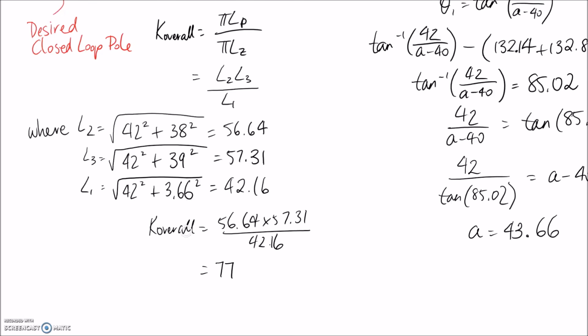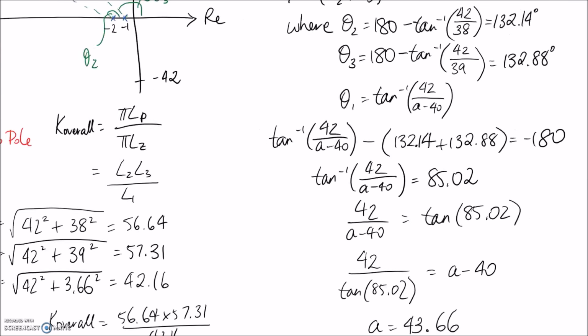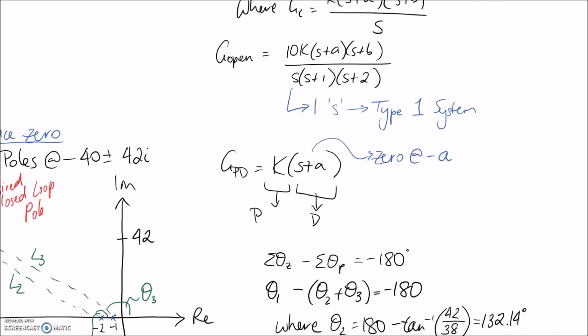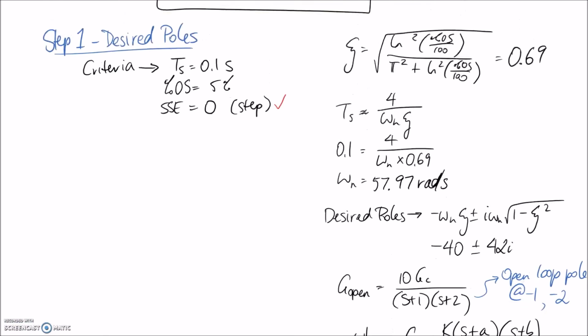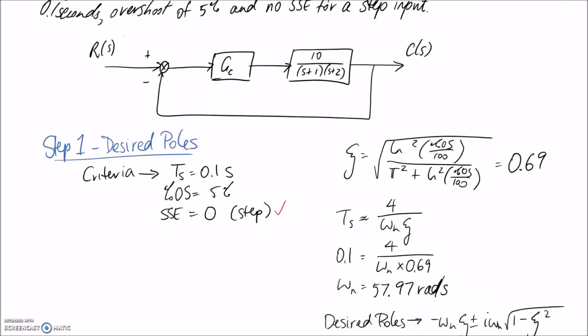The reason I've called this overall is because if we look back at our original transfer function, the open one that we've got written out up here, we can see that on the top line we've got an existing gain of 10, which came from the plant or the system that we had here.